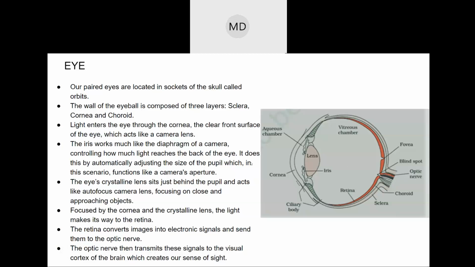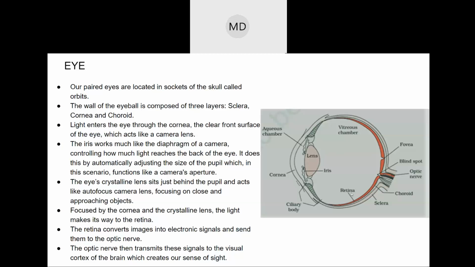So what will happen? Suppose you're standing in front of someone. That person sees you, right? The light from the object, that is you, will fall on the person's cornea, and then from the cornea it will go to the lens. The lens will focus the light on the retina.